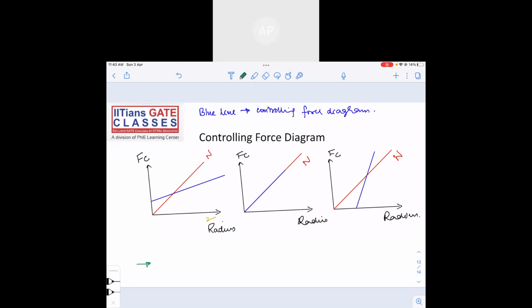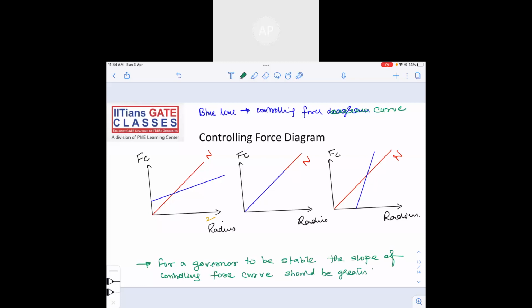For a governor to be stable, the slope of the controlling force curve should be greater than that of the speed curve.